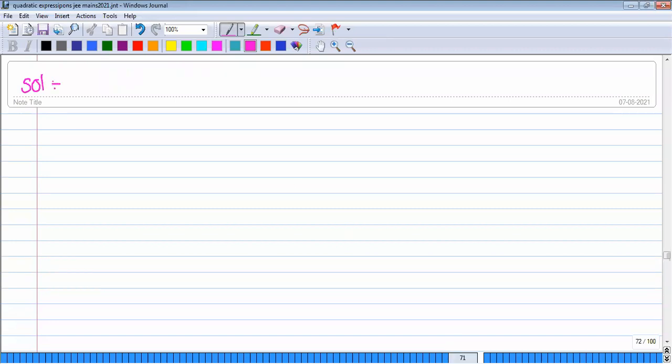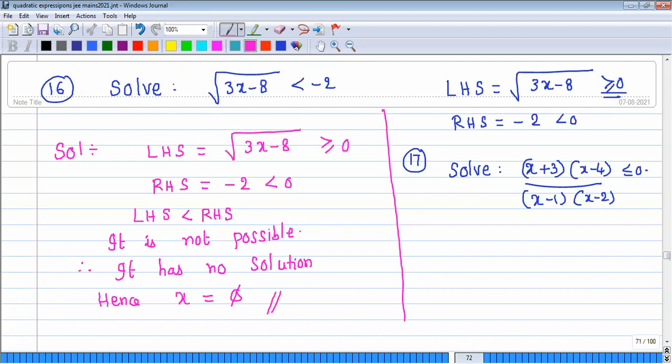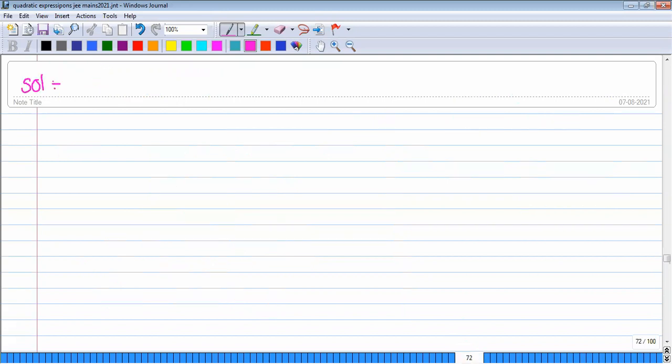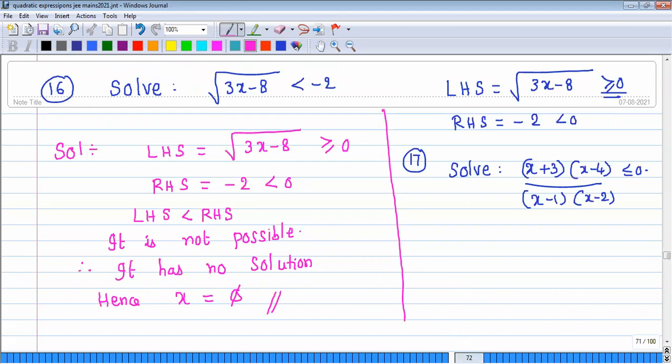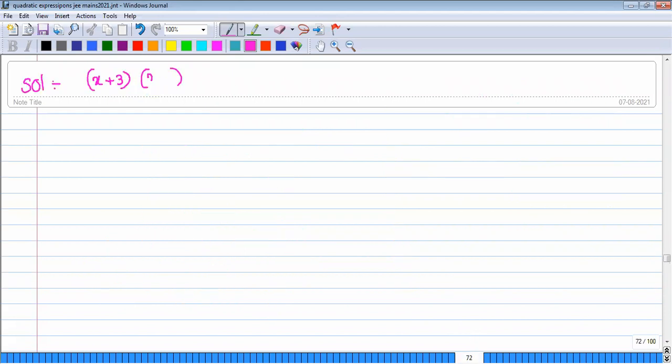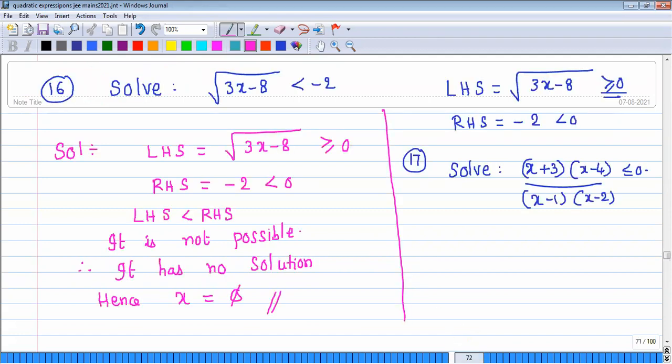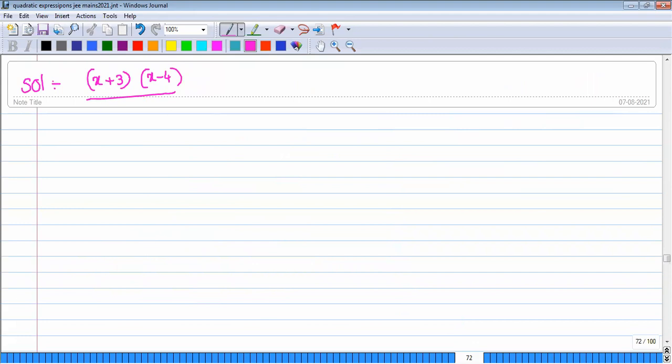What is given? (x plus 3) multiplied with (x minus 4) upon (x minus 1)(x minus 2) is less than or equal to 0, right.